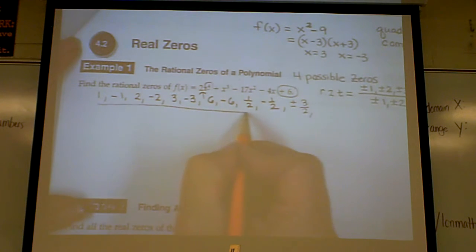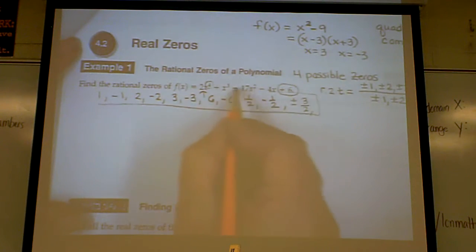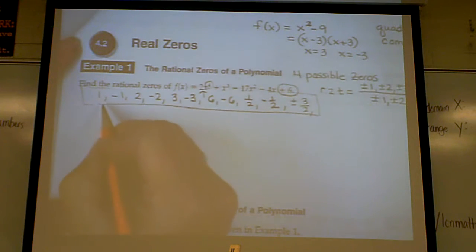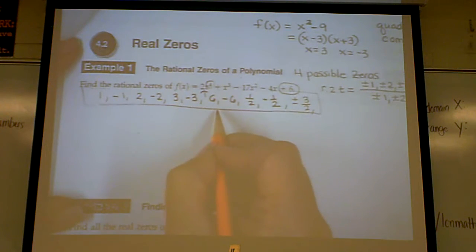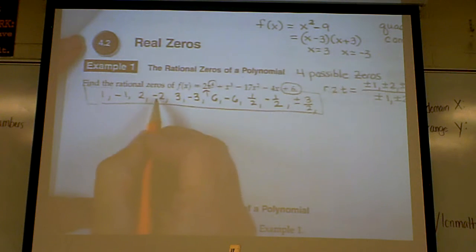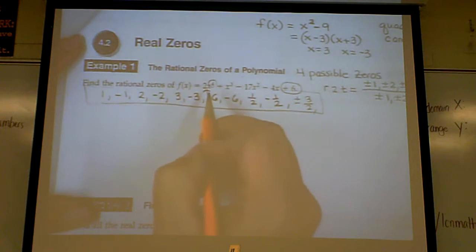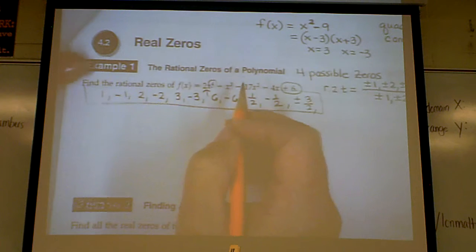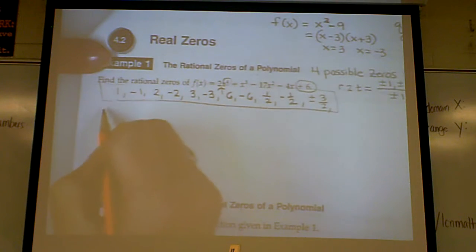So what you're going to do is one at a time. You are going to use synthetic division, and you are going to take 1, negative 1, 2, negative 2, and these are your coefficients. So let's try 1. Let's start with 1. You're going to put the number 1 out.